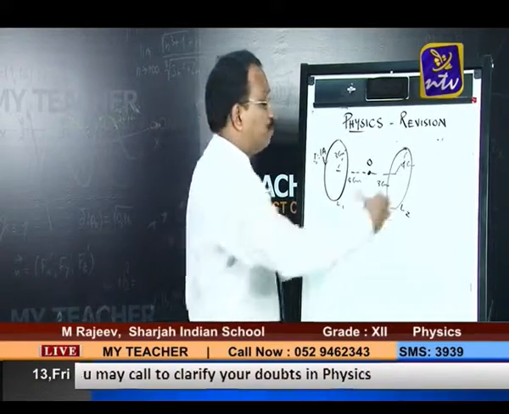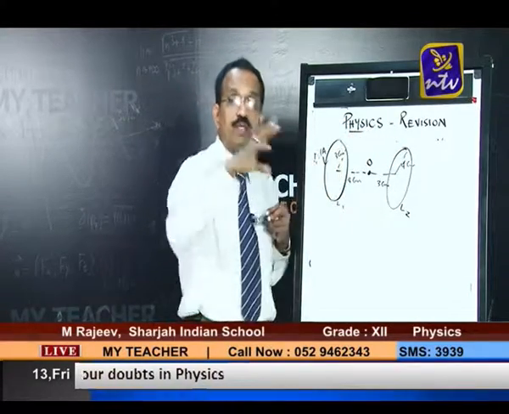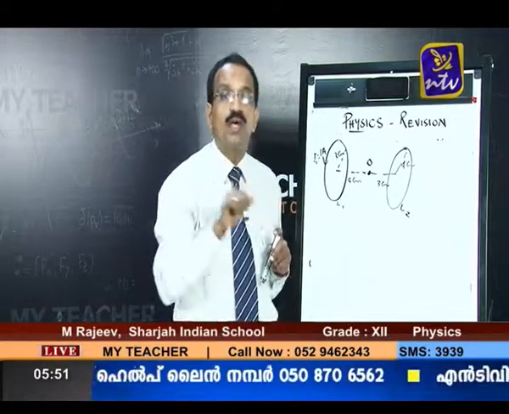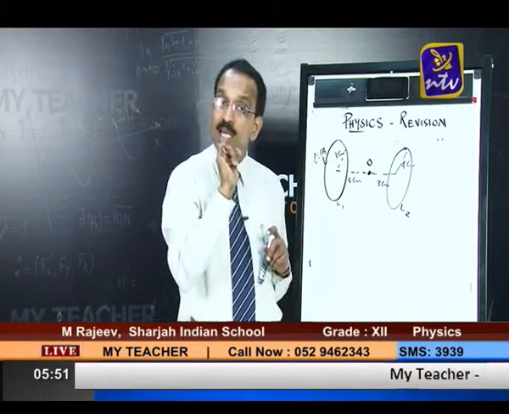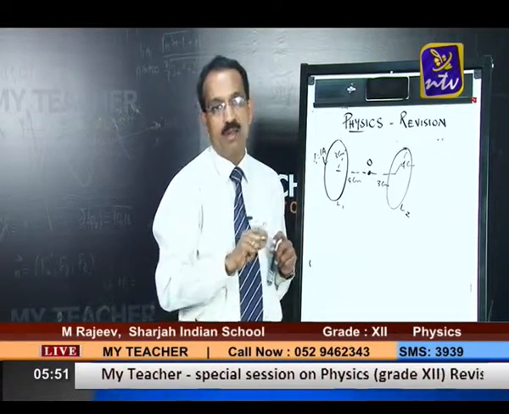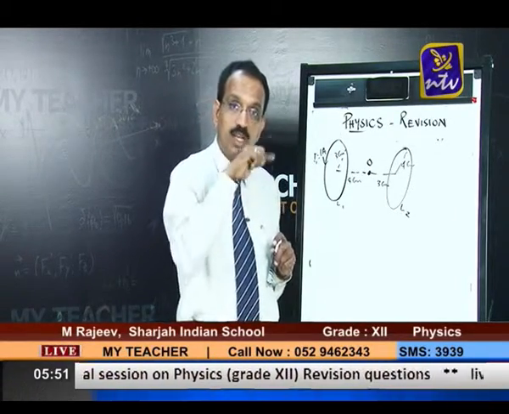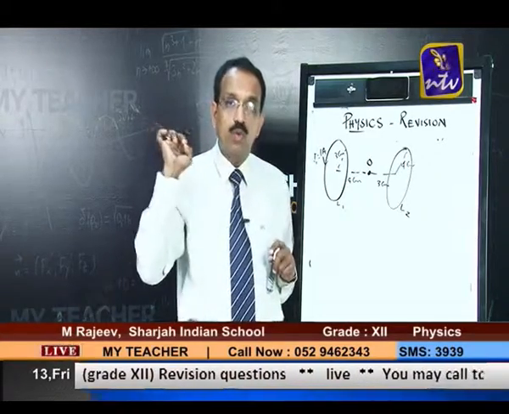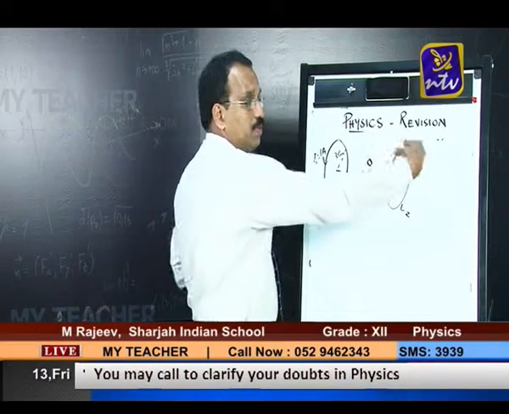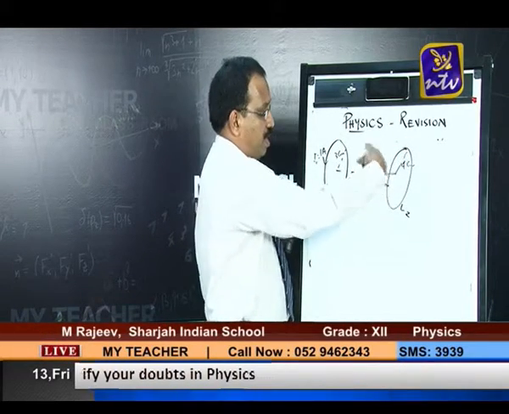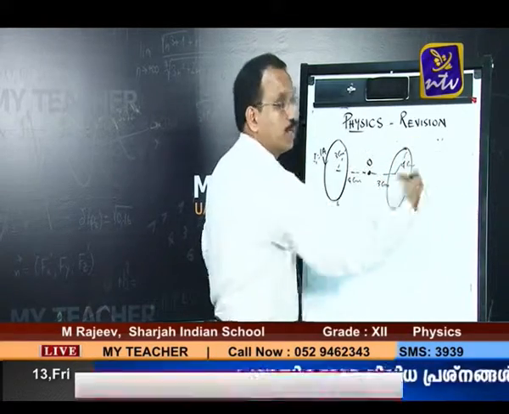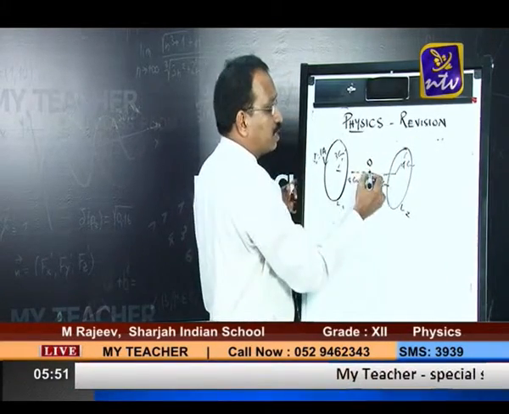Always remember one general aspect: if the current is flowing in the clockwise direction, the magnetic field at the center would be into the plane using the right hand thumb rule. Current clockwise, into the plane; anti-clockwise, the magnetic field is outwards. That means if you look at the current from this side, the current is in the anti-clockwise sense. So, the magnetic field is outwards. Okay, so that means like this.